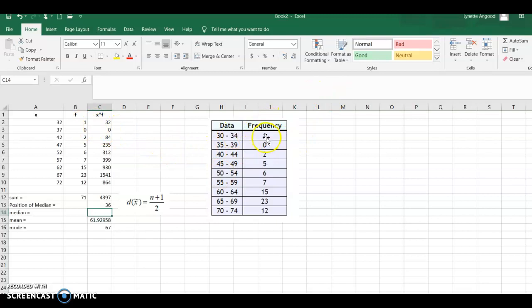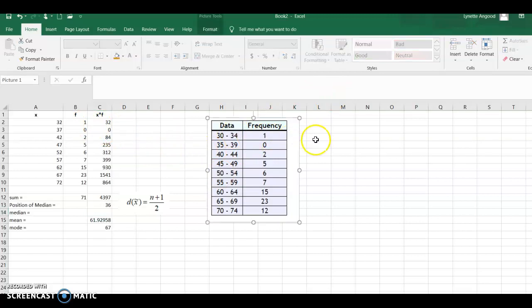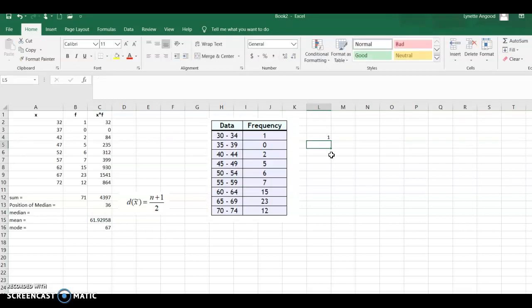So when I look at my data set here, I know that the first was in the interval from 30 to 34. Then I know that there were none in the interval from 35 to 39. So all the way from 34 to 39, it contains just the first data value.